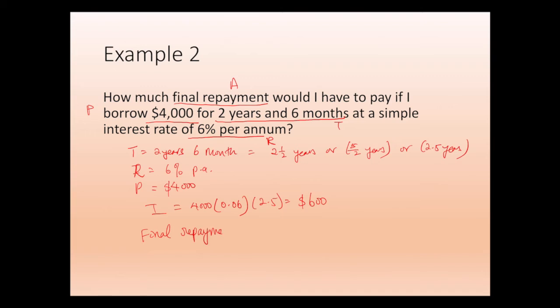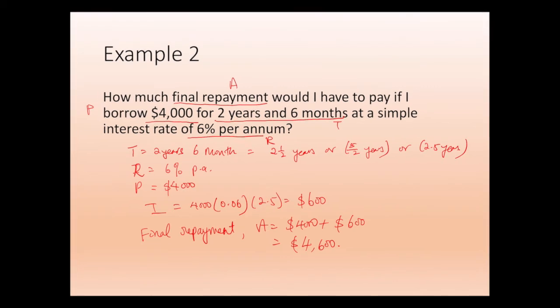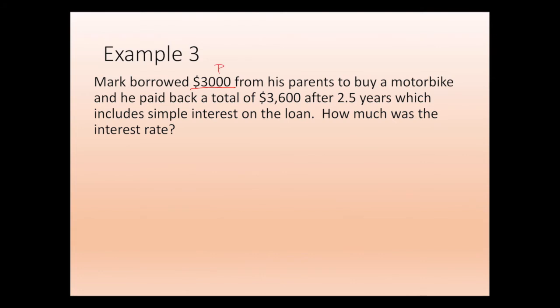So therefore, the final repayment A equals $4,000 plus the interest, which is $600, which means this becomes $4,600.